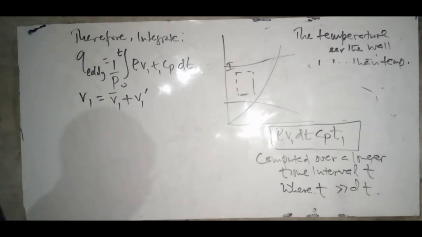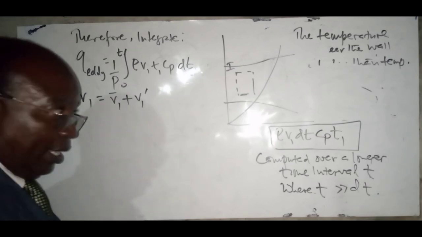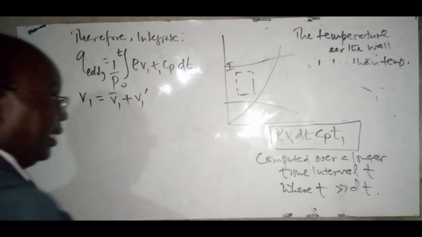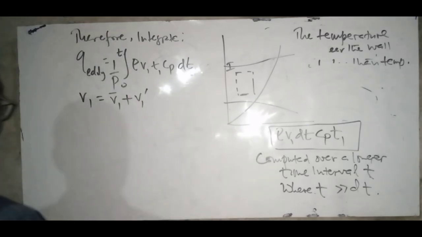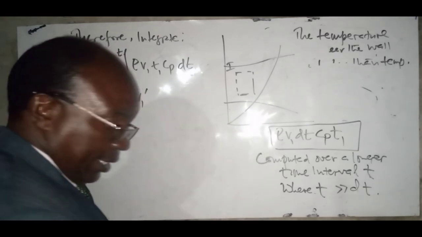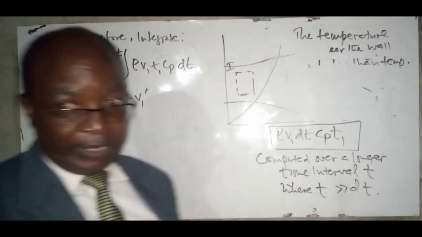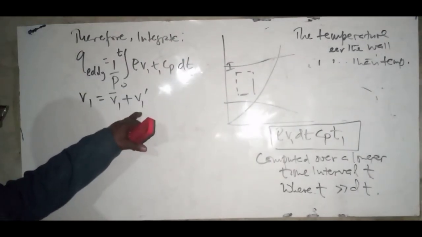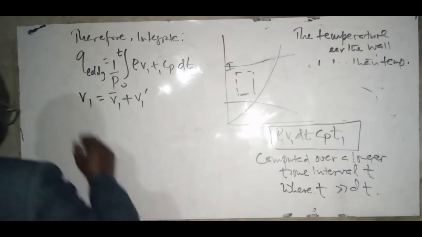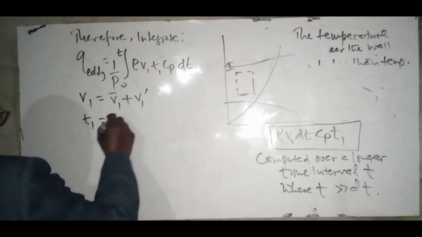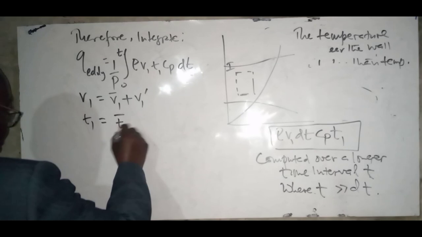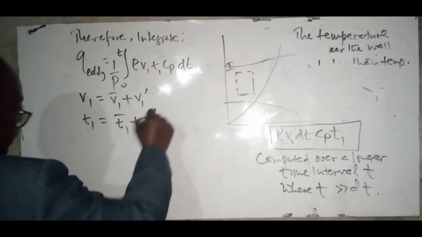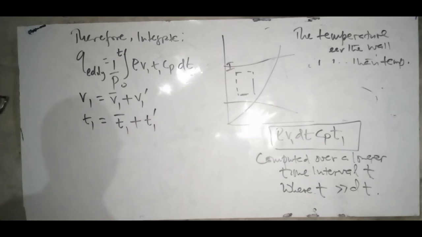Because we are modeling like we dealt with our earlier expressions involving turbulent regions, where we resolved the velocities into their components, the mean velocity and the velocity as a result of fluctuations. In the same way, temperature 1 is also resolved into the mean temperature, which we had already indicated, and temperature as a result of those fluctuations.